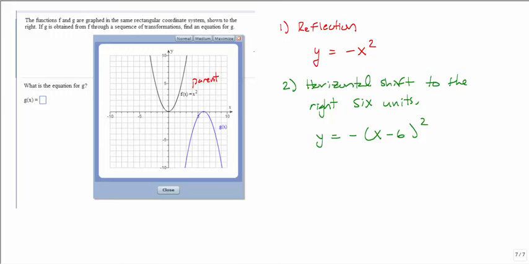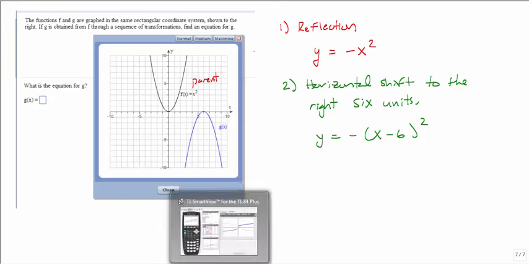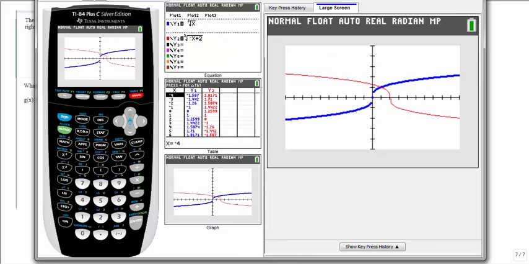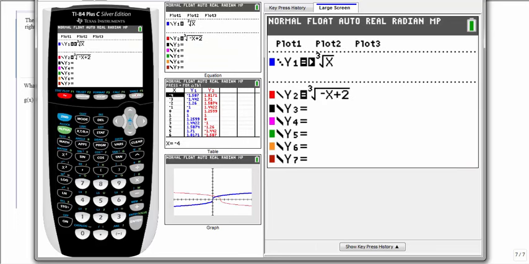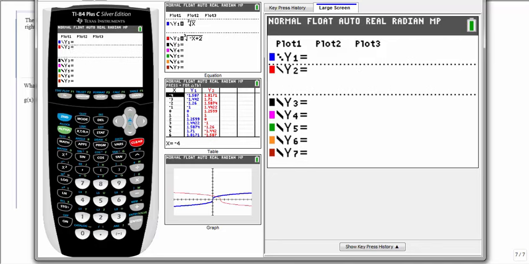Now the neat thing that we can do here is we can graph this in order to check our answer. So let's go ahead and open up our graphing calculator. Y equals, let's clear both of these out. So this is negative parenthesis x. Now remember, we think it is a minus 6 quantity squared.